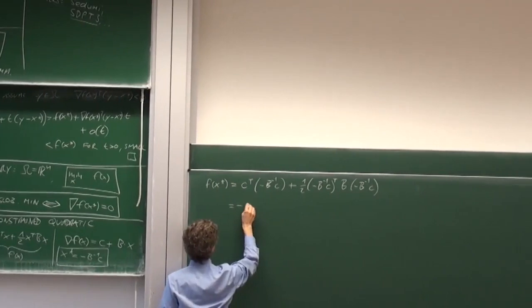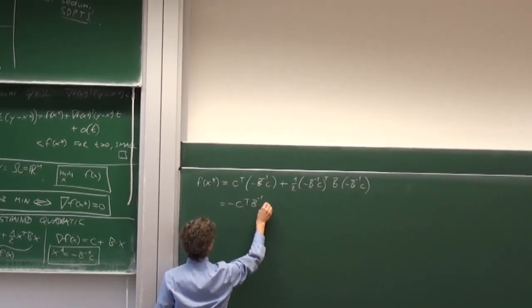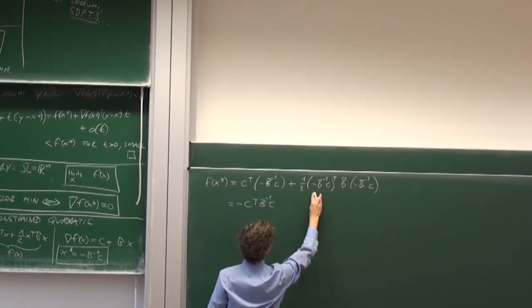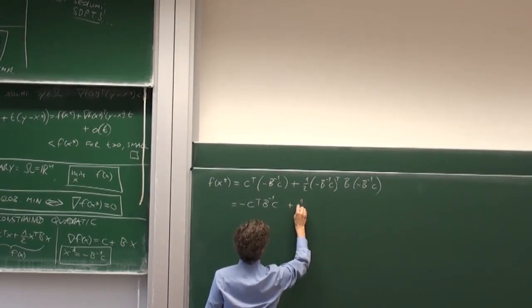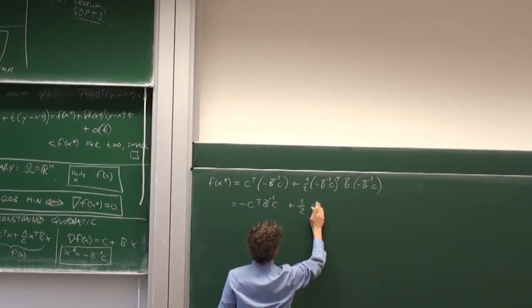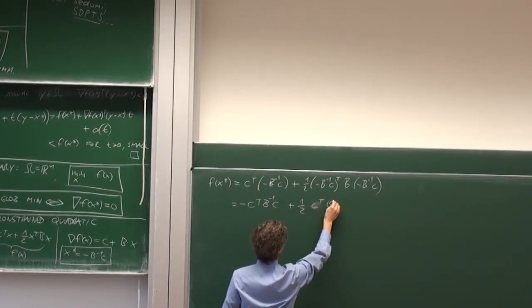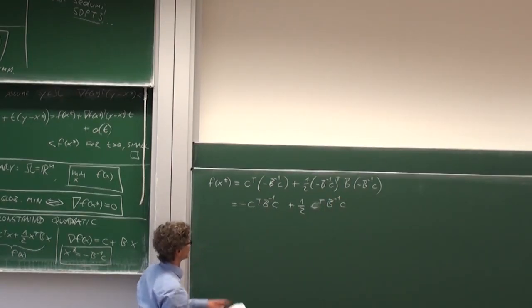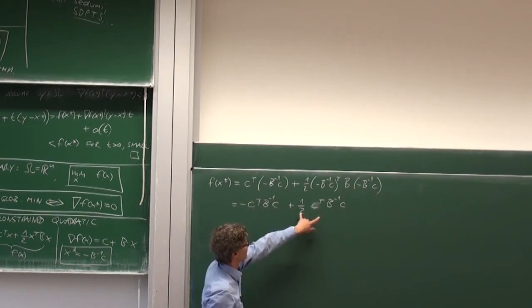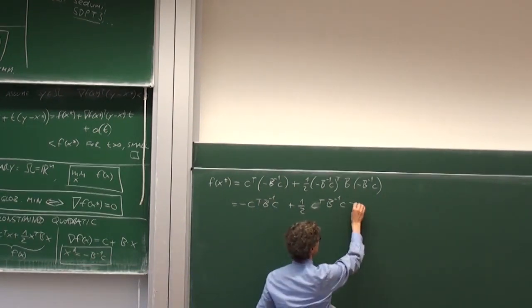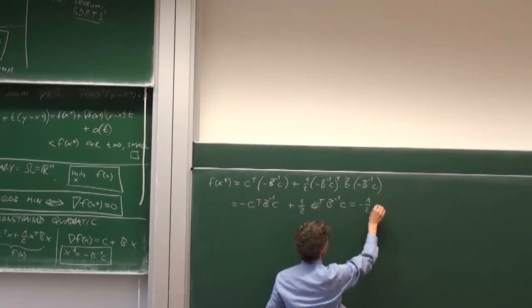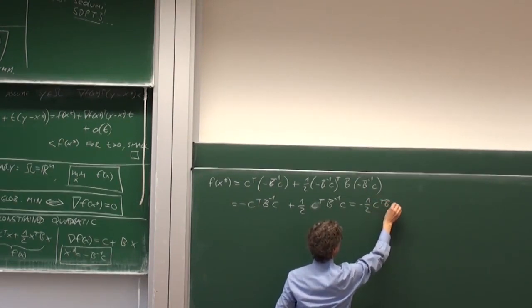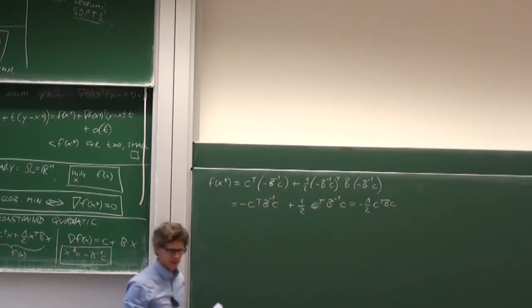So what we have is minus c transpose b to the minus 1 c, and then here we have actually plus 1/2 c transpose b to the minus 1 c. And you see that it turns out that this is just double of that. So the whole thing is minus 1/2 c transpose b to the minus 1 c.